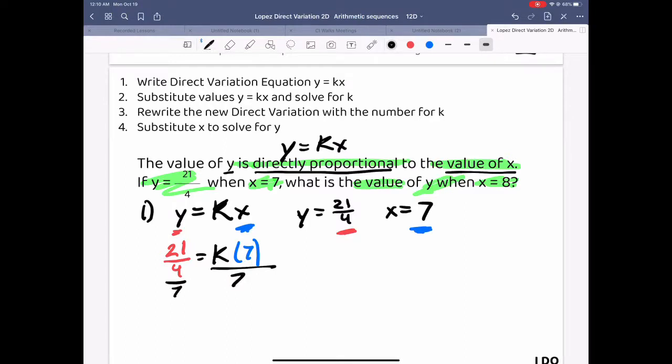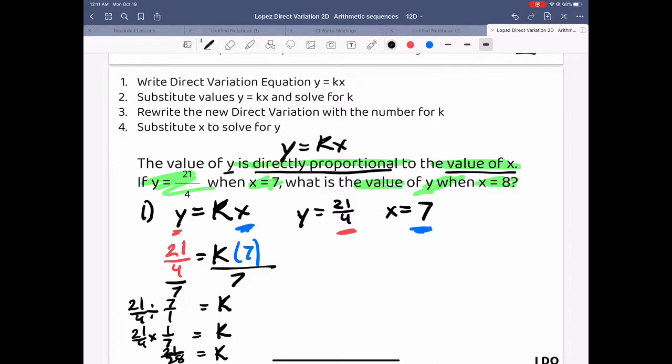Again, depending on how you know how to divide. So, again, 21 divided by 7 over 1 is the equivalent thing.